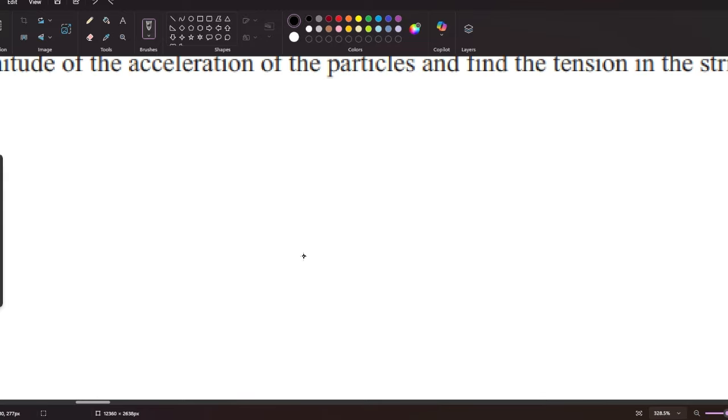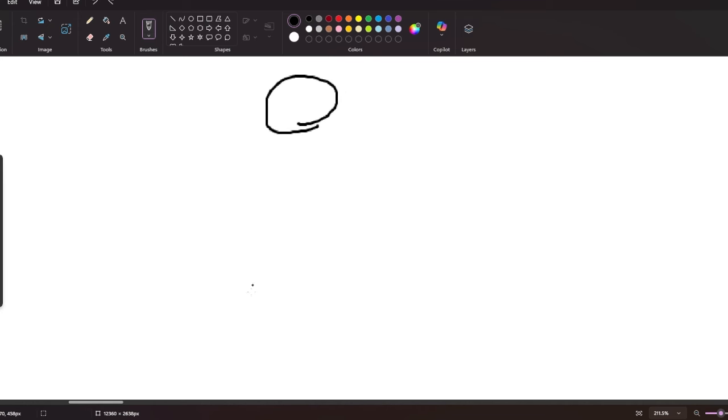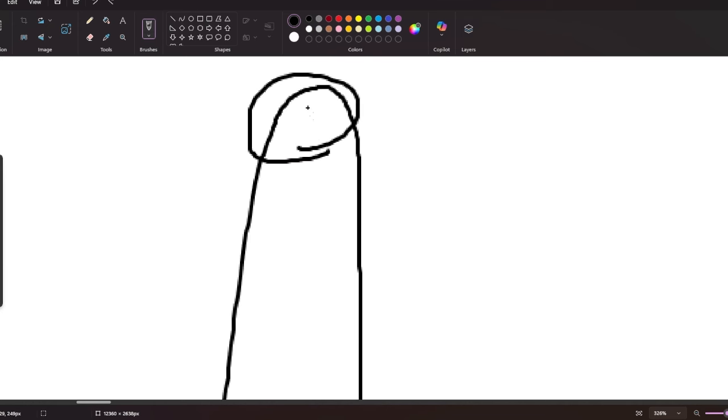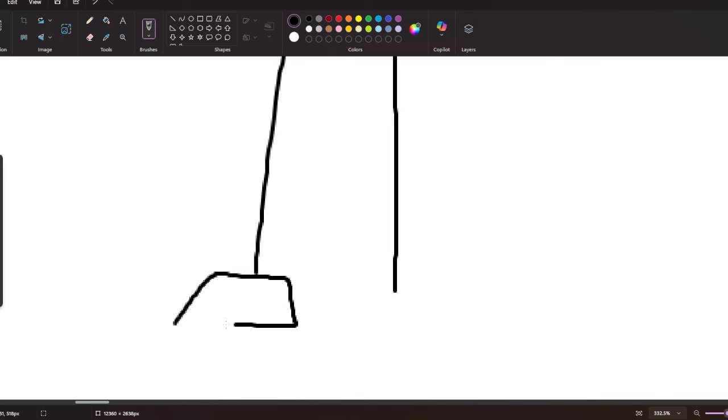Alright, so we have a pulley. We have a rope going through this pulley. And we have two objects. The first one and the second one.